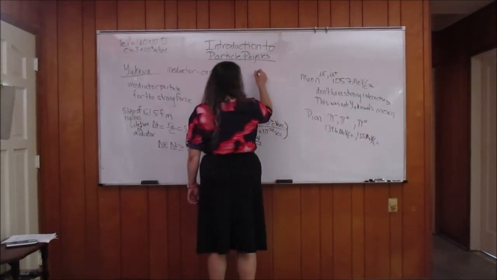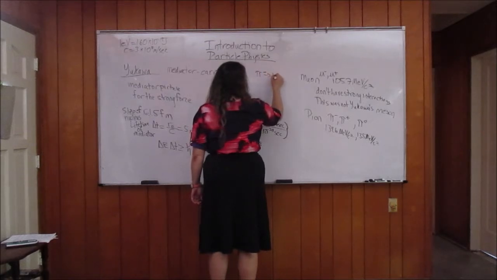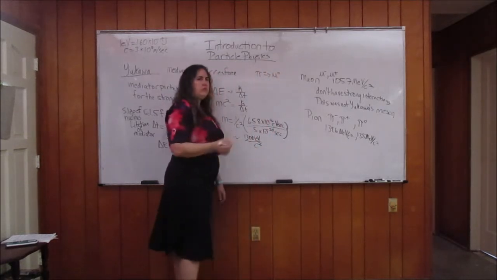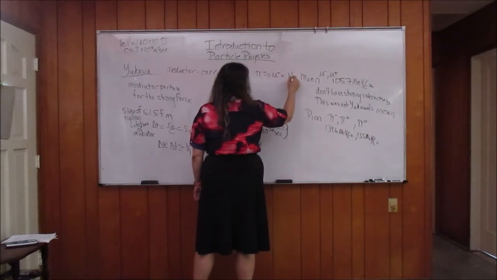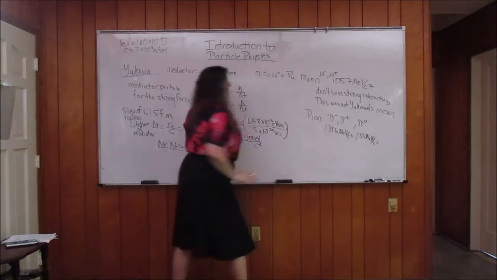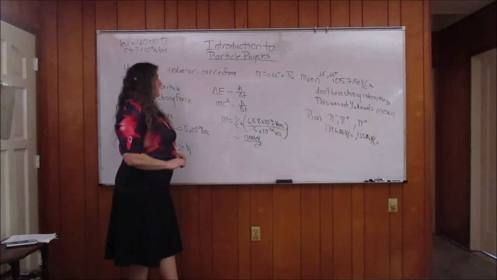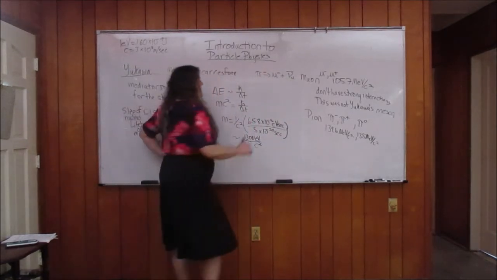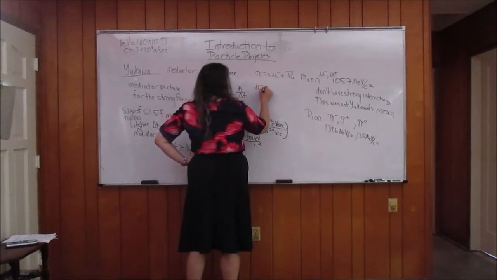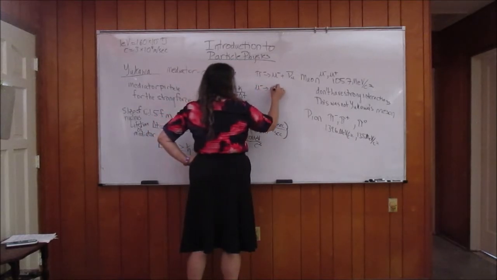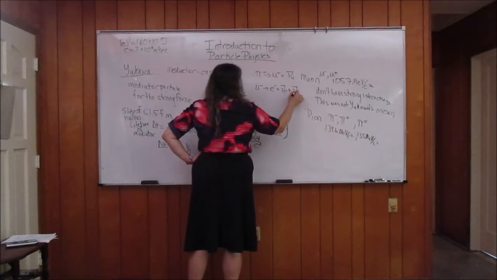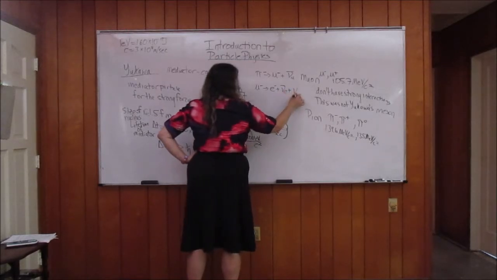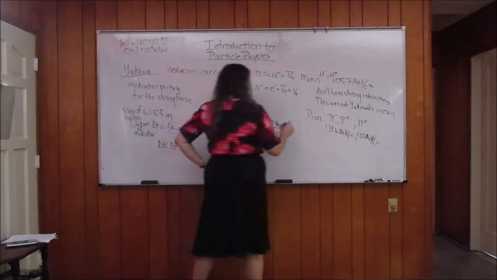The pion decays into a muon plus a neutrino. And I will be explaining that terminology in greater detail in the next lecture. And the muon decays into an electron plus an anti-electron plus a muon neutrino.